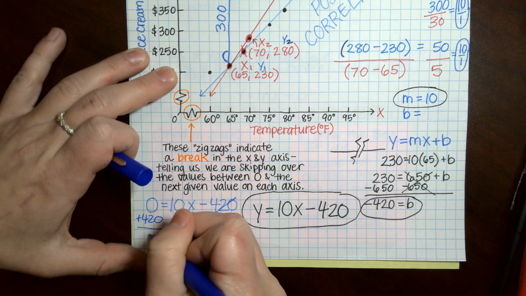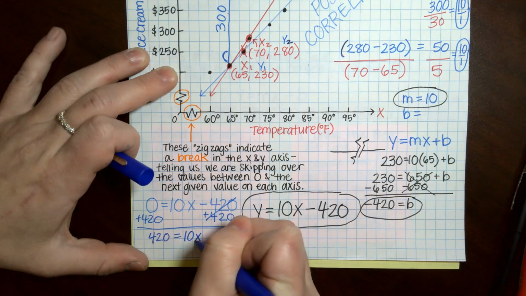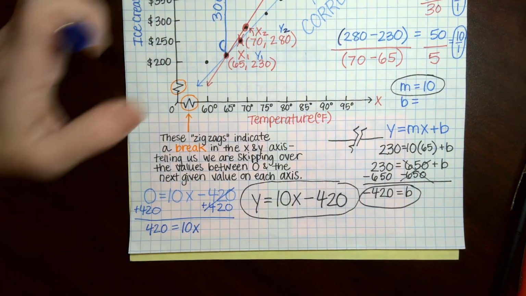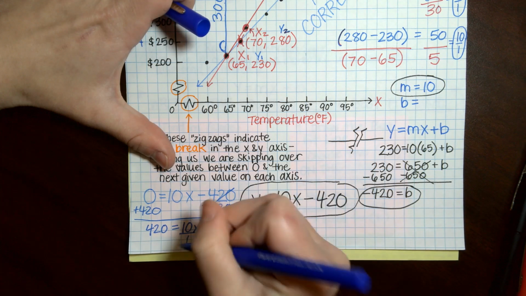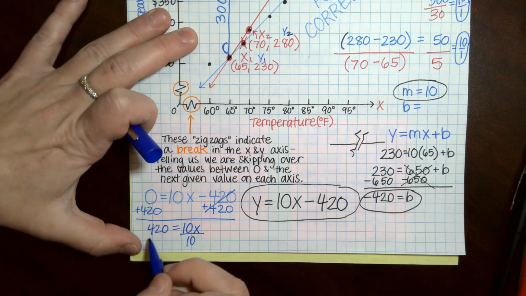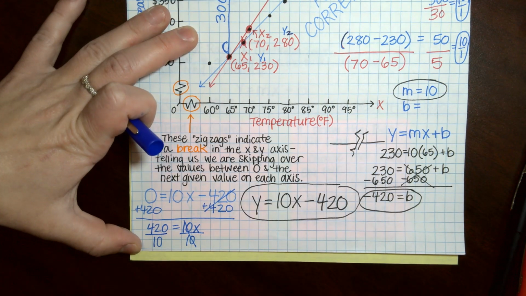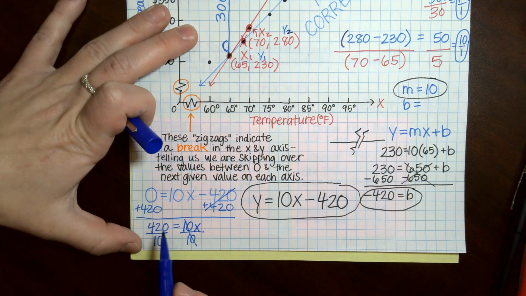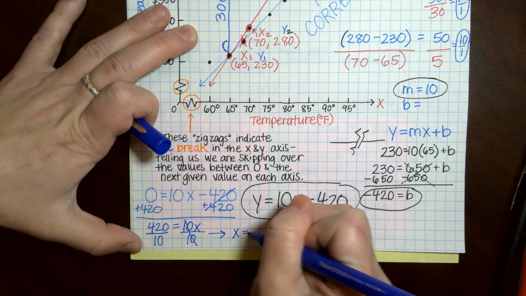And then I'm going to have 420 equals 10x. And what's my last step? Divide by 10. Cancel my 10s. What is 420 divided by 10? 42, x equals 42.